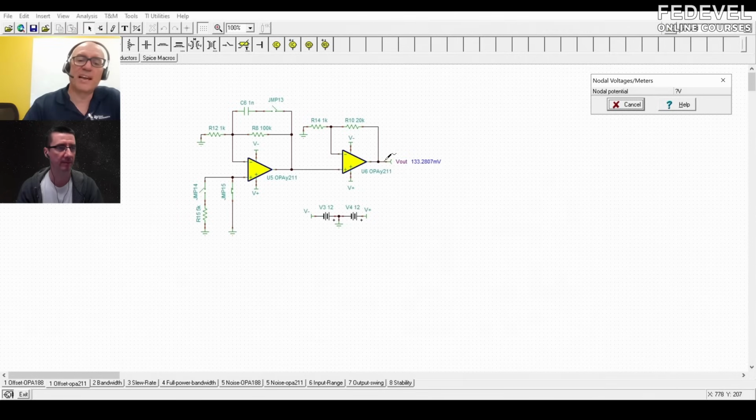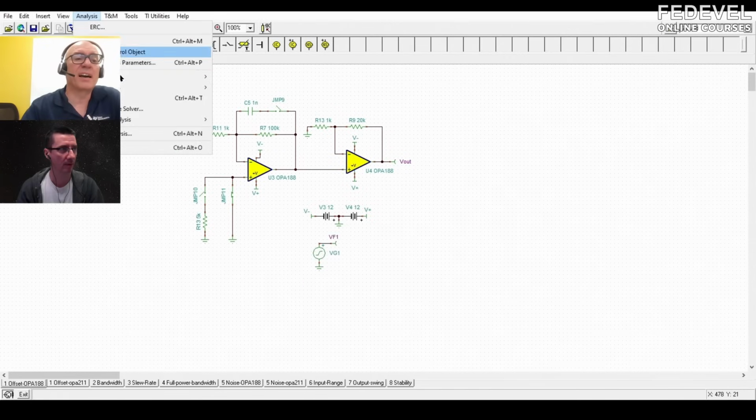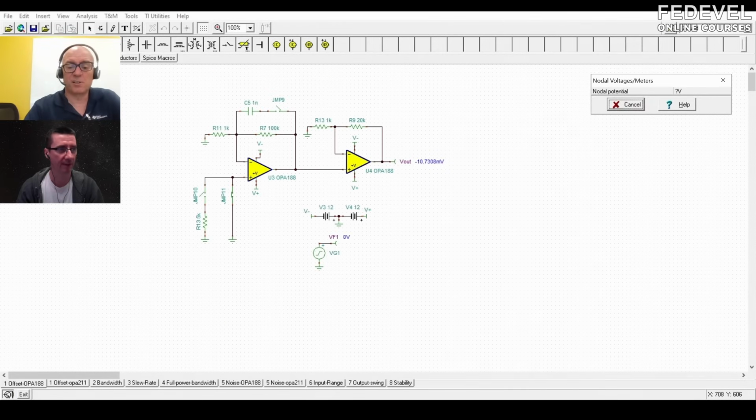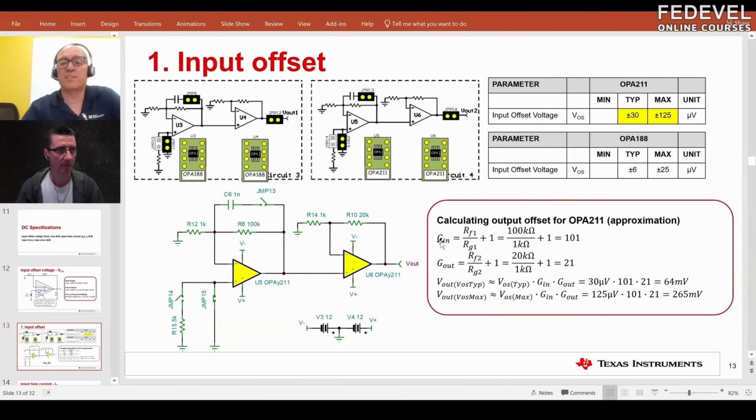Maybe one last point is, notice that this is 133 and the other one was 10. Quite a big difference. If you look at the specs here for these two amplifiers, you can see that we're going from 125 on the higher offset device to 25 on the lower offset device.